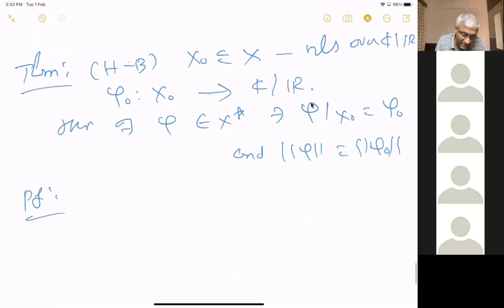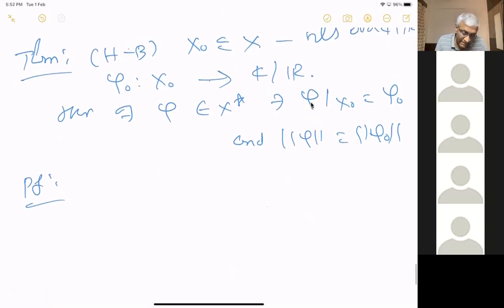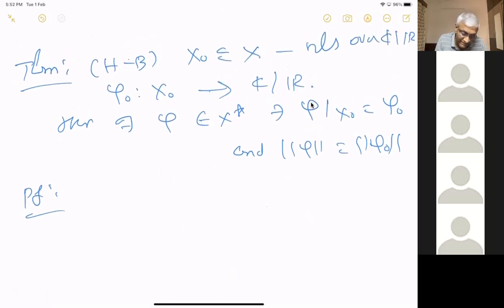First, we will prove this theorem by assuming that X is a normed linear space over the complex plane, and it is also a vector space over the reals. So we'll prove the real version, and then the complex version will follow. Okay.